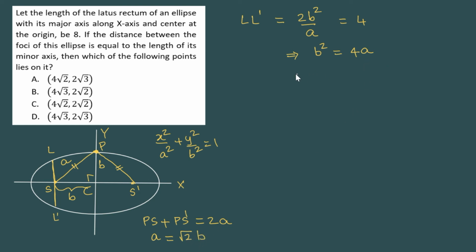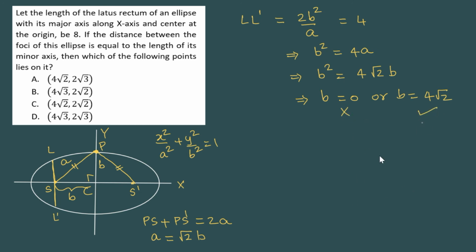I can substitute that here. So I have b square as 4 into root 2 times b. From here, either b is 0 or b is 4 root 2. If b is 0, we're going to have a line, so we are not going to take that.